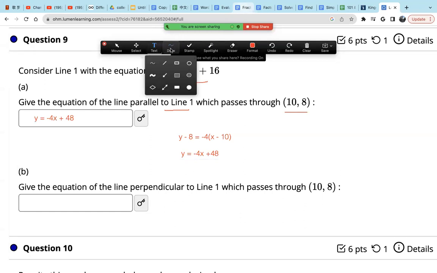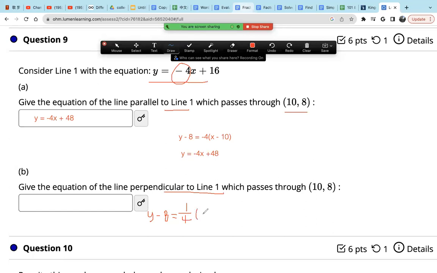For part B, we want a line perpendicular to line 1. That means the slope is the opposite inverse. So this one is negative, so this one is positive. Inverse means 1/4, positive quarter. So that's the slope. We use the same point-slope formula. y minus 8 equals slope quarter times (x minus 10).